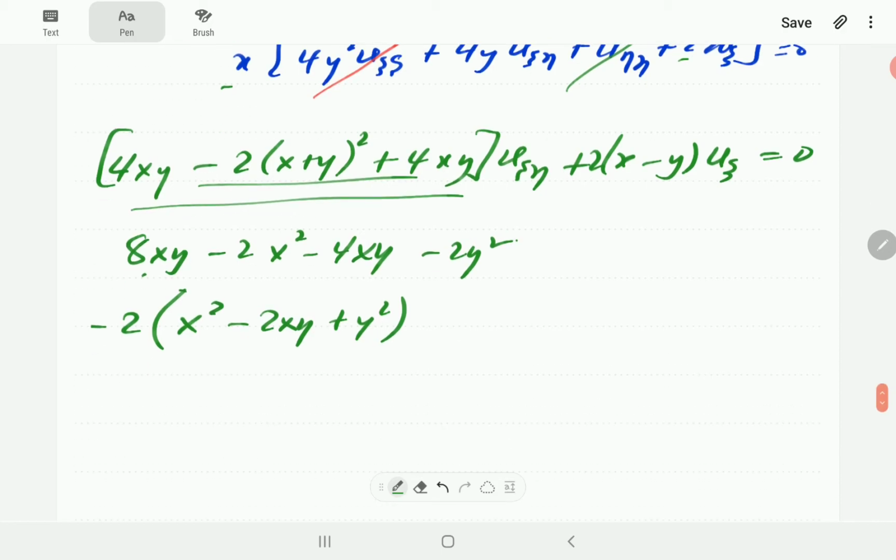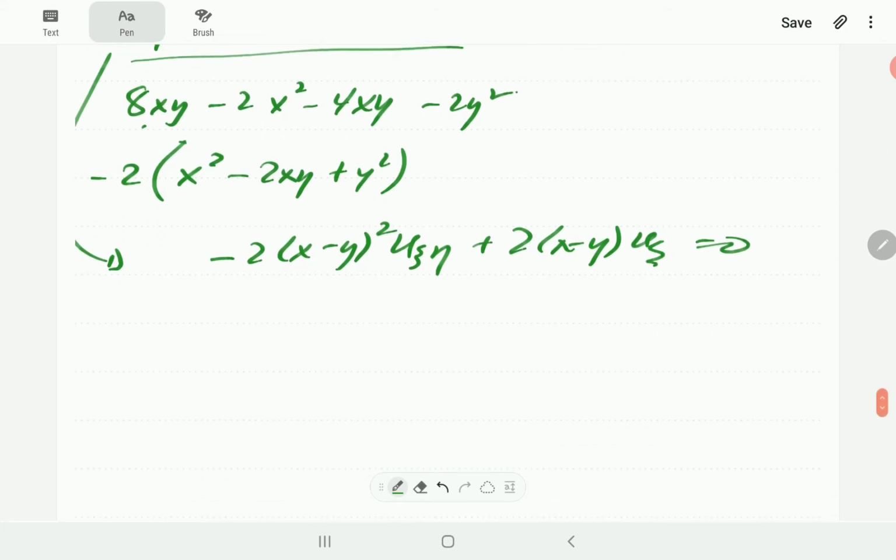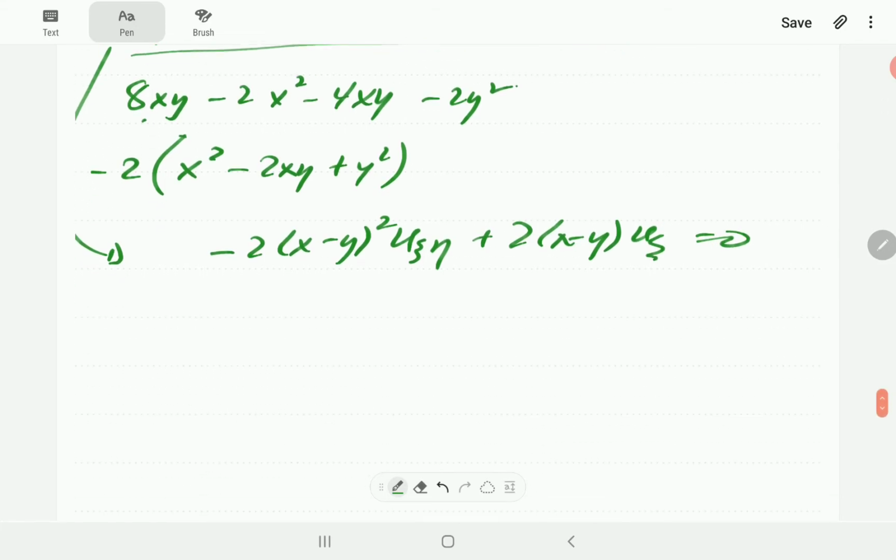So what's happening here is this PDE is negative 2(x minus y) all squared u_xi eta plus 2(x minus y) u_xi equal to 0. Since x minus y is non-zero, we can divide everything by negative 2(x minus y). So we're going to have (x minus y) u_xi eta plus u_xi equal to 0.